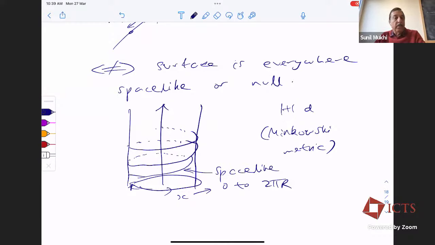It's everywhere space-like because the tangent vector is sloping at less than 45 degrees. And that's what space-like means. However, there's no problem finding a time-like path which connects 2 points on this. I simply start here and I go there. This is a time-like path.